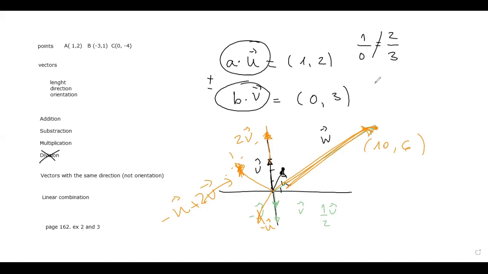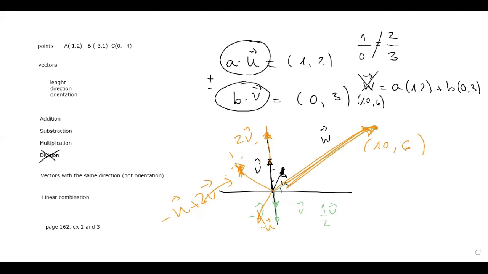To do that, I plan this. w would be a, I don't know what a is, a number, multiplied by (1, 2), plus b, which is any other number that I don't know, multiplied by vector v. I need to get this w, which was (10, 6). Okay, what do I have to do now?